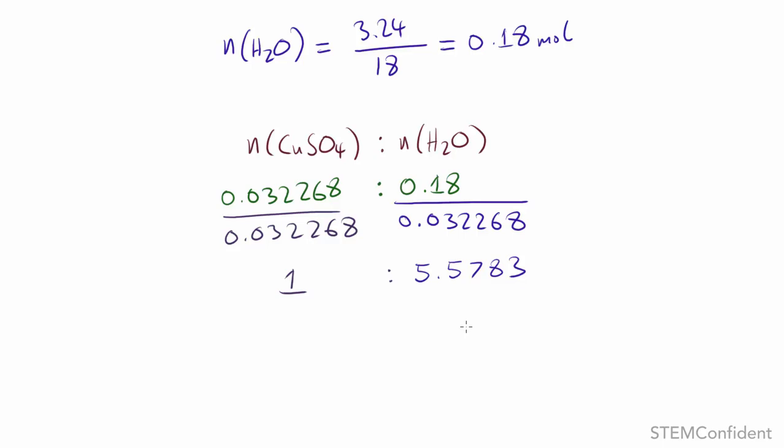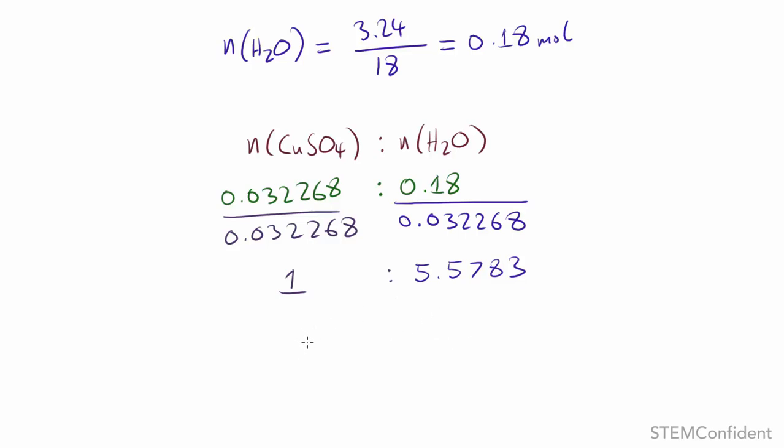What I'm going to want to do at this stage is say, we're looking for an integer value, so I'm going to round this number to the nearest integer value. If we round 5.5783 up, it's approximately 6.